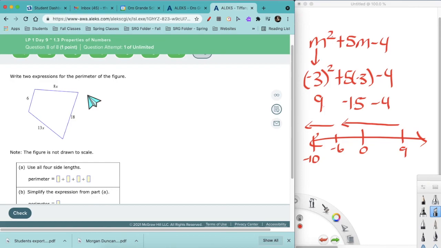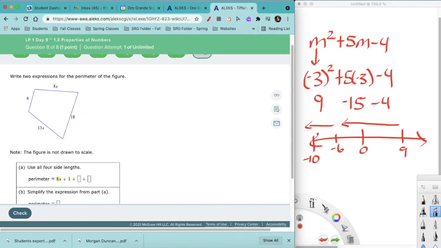So with this one, we want to start typing it in, and it doesn't matter what you type in. So I can start here and I can go 8x, and I can go to the right and go 18, 13x, and 6. So this is one possible answer. Or I could even back up and I can group my like terms and go, well, I want 8x and 13x to be near each other, like this.